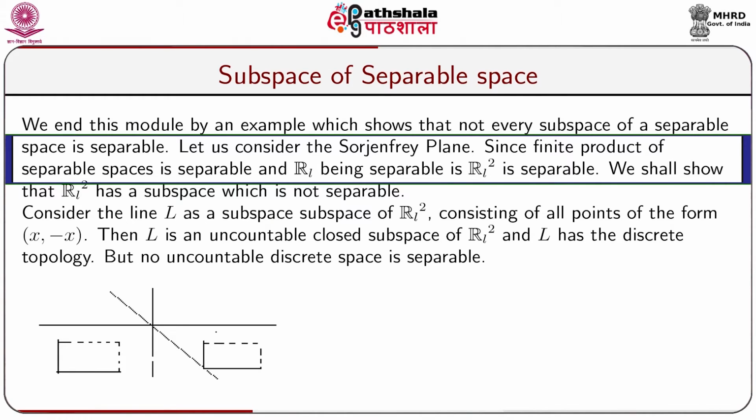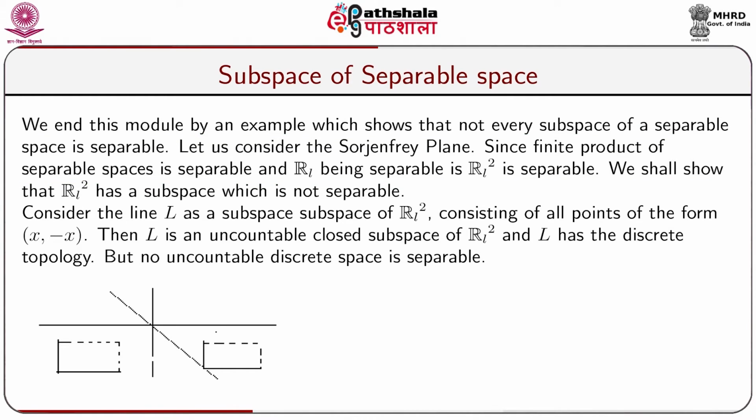We can prove that not every subspace of a separable space is separable. In fact, the Sorgenfrey plane, that is R_L cross R_L, is a separable space, but it has a non-separable subspace. For the proof, let us first say that a finite product of separable spaces is separable, as a finite product of countable sets is countable.